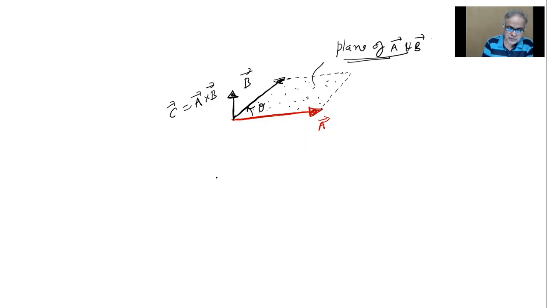Right hand thumb rule. So you think of, put your right hand in such a way that the four fingers you stretch first in the direction of A, one, two, three, four, yeah.